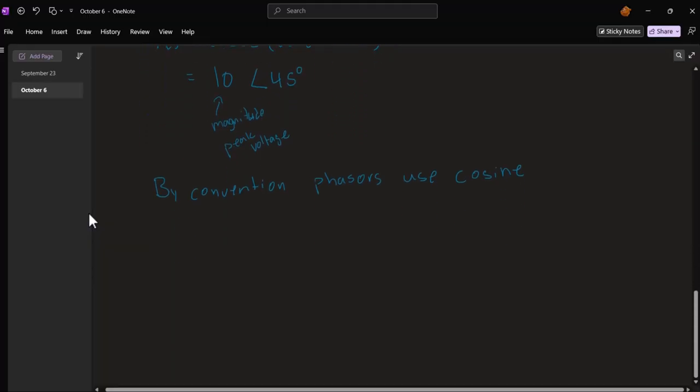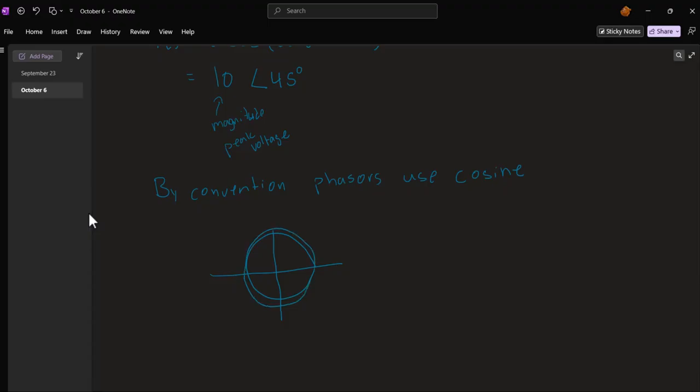And also, you'll notice that if I go all the way around the circle and then go all the way around the circle again, I'm repeating values over and over again. And so by convention, we put the angle between negative 180 degrees and 180 degrees.